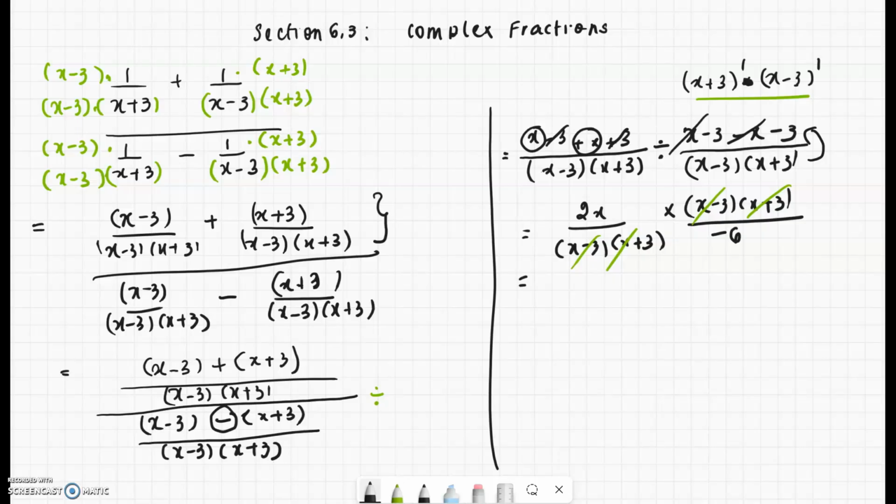So we have 2x over negative 6, which is equal to 2x over negative 3 times 2, which is 6. So we cancel again. And the final answer is x over negative 3. So that's a negative x over 3.